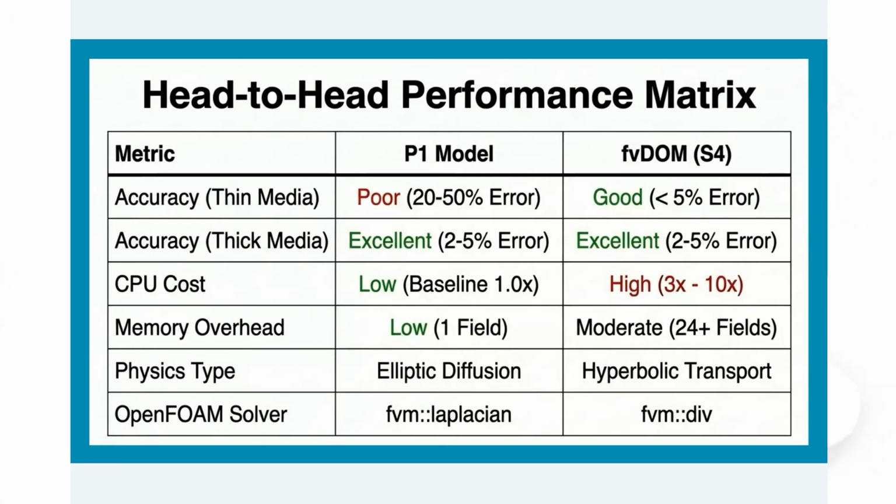Hyperbolic equations are famously quite stiff and jumpy, so to speak, discontinuity. It is much harder to stabilize, and it requires careful handling of your schemes, relaxation factors. You want to avoid divergence much more. So a very clear story here: P1 is for efficiency in dirty environments, FVDOM is precision in clear environments.